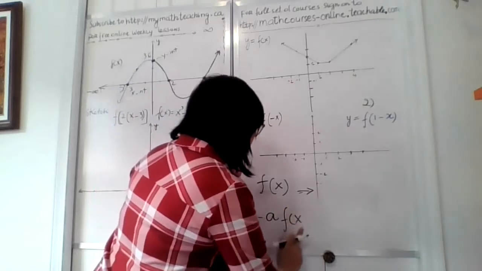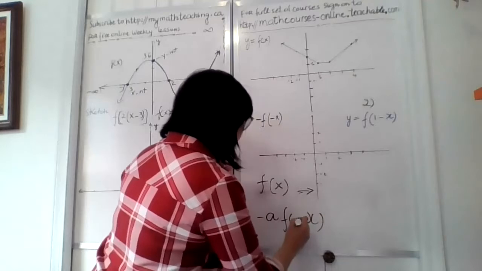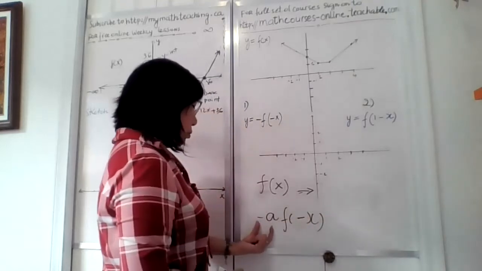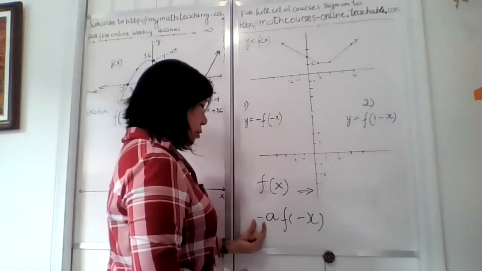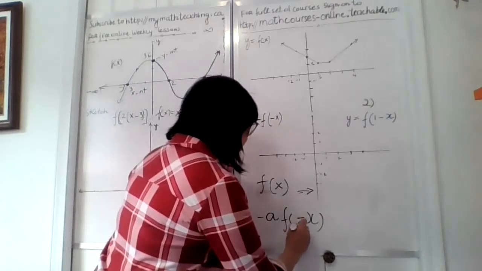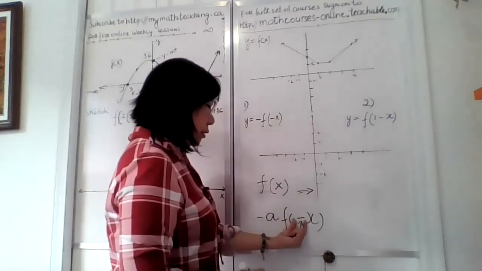Now, if you put the negative inside of the x, then this will include the vertical stretch factor of a, the reflection over the x-axis, and the reflection over the y-axis.